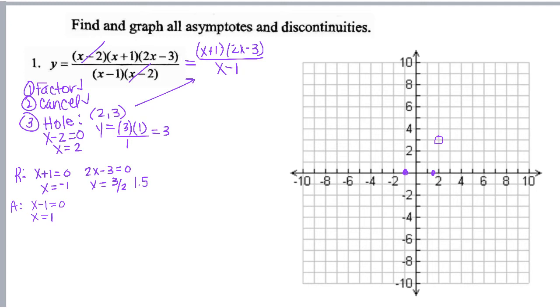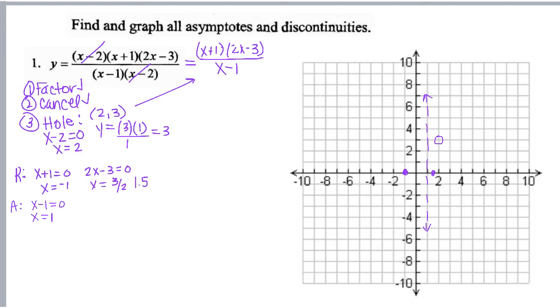When you sketch x equals 1 on your graph, make sure you use a dashed line, because an asymptote here is really dividing up our graph, and we see that our graph cannot cross that vertical asymptote. All right, so now let's move back over. That's going to be A.